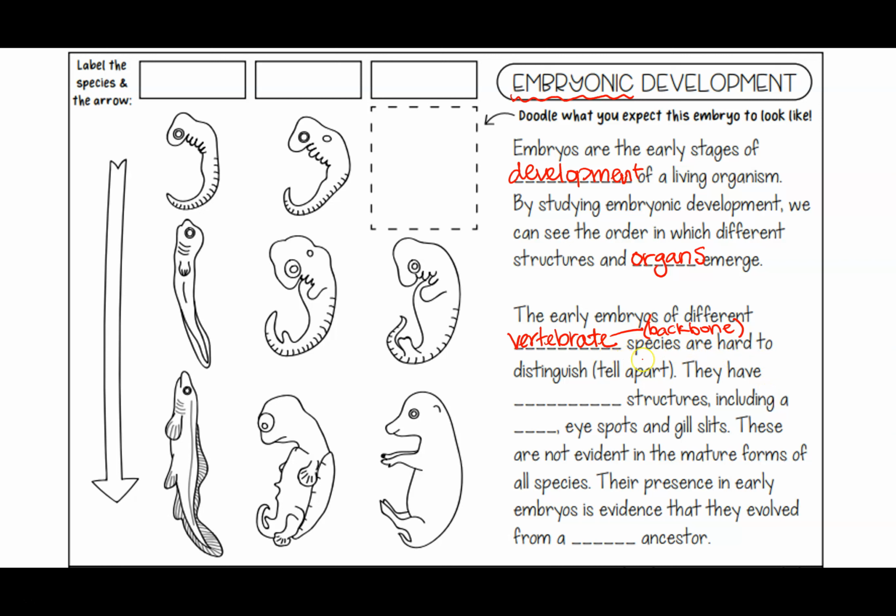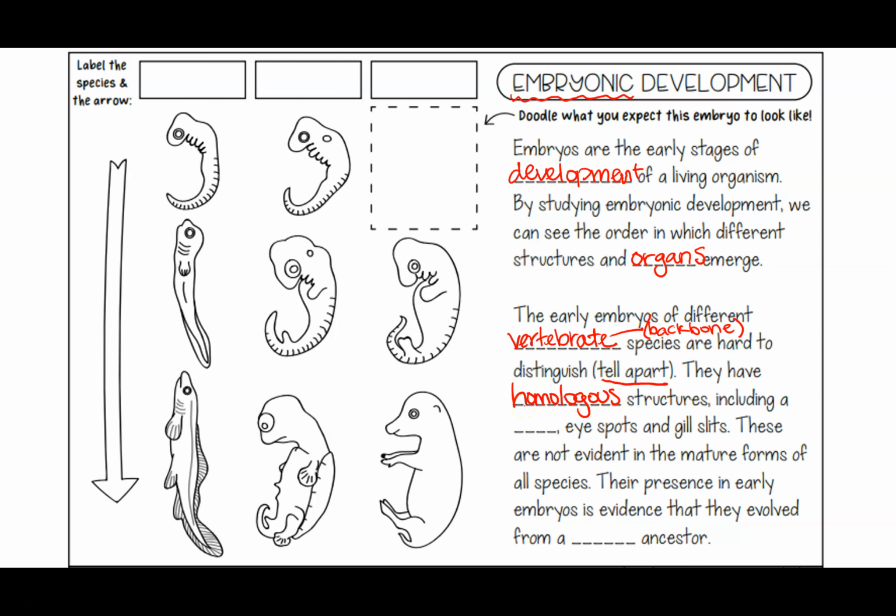But the early embryos of different vertebrate species are hard to distinguish or tell apart. They have homologous structures. What does that word mean again? Homologous means similar.